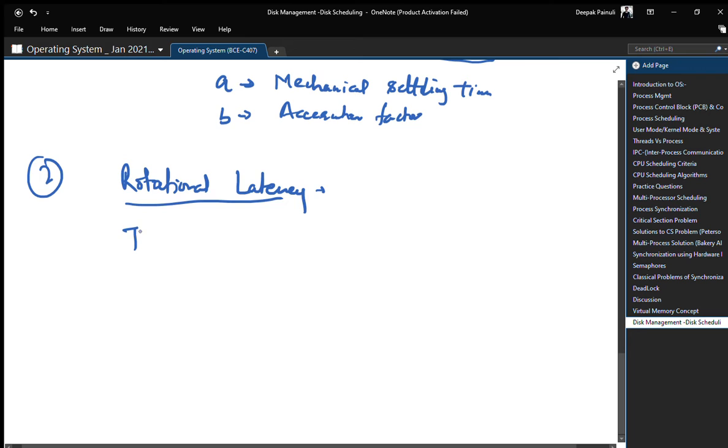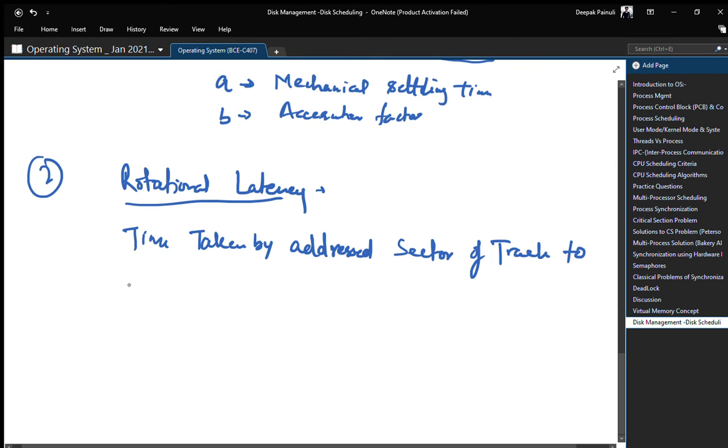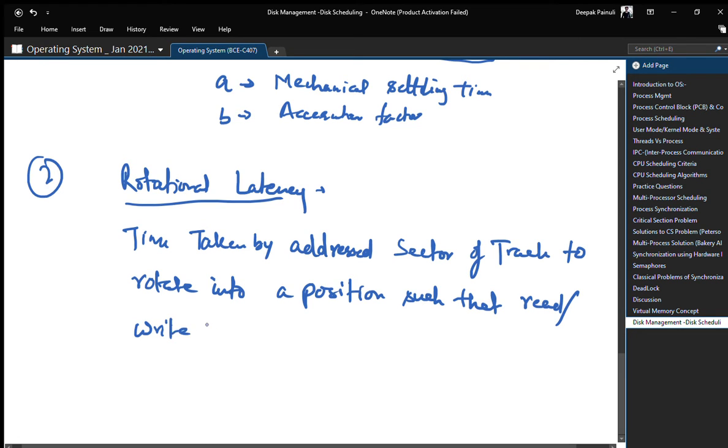So it is the time taken by the addressed sector of a track or cylinder to rotate into a position such that the read write head is accessible to it.